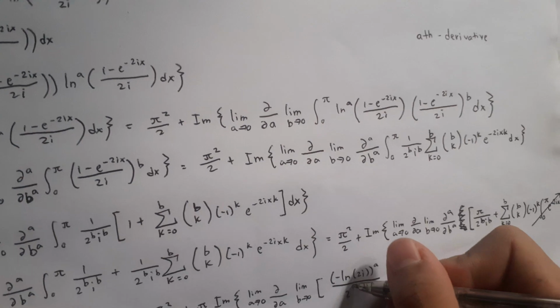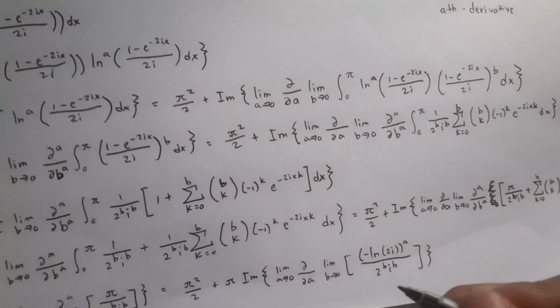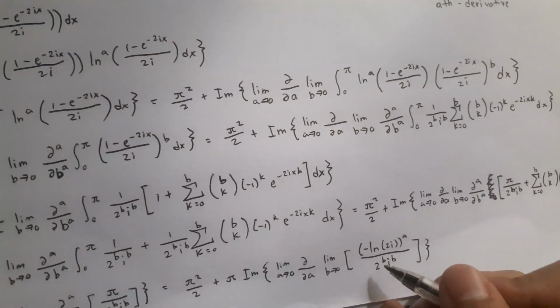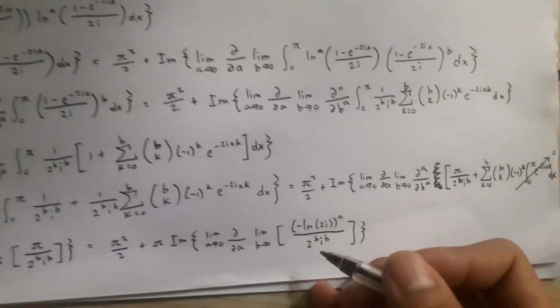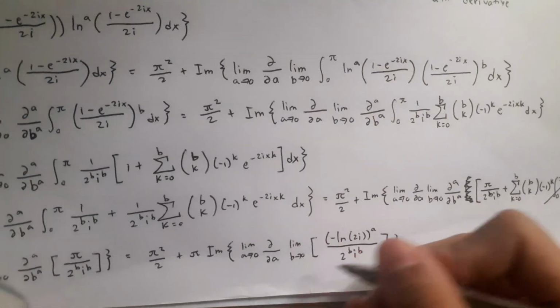So 2 raised to b times i raised to b, and as b approaches 0, it is obvious that this will become 1.